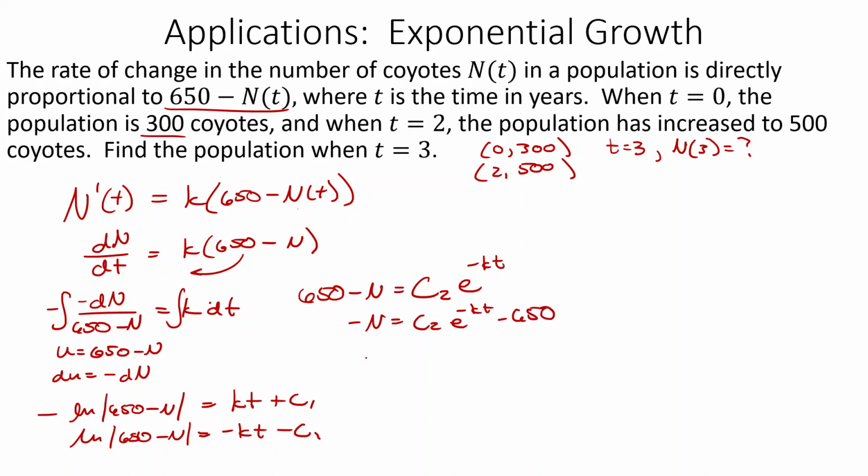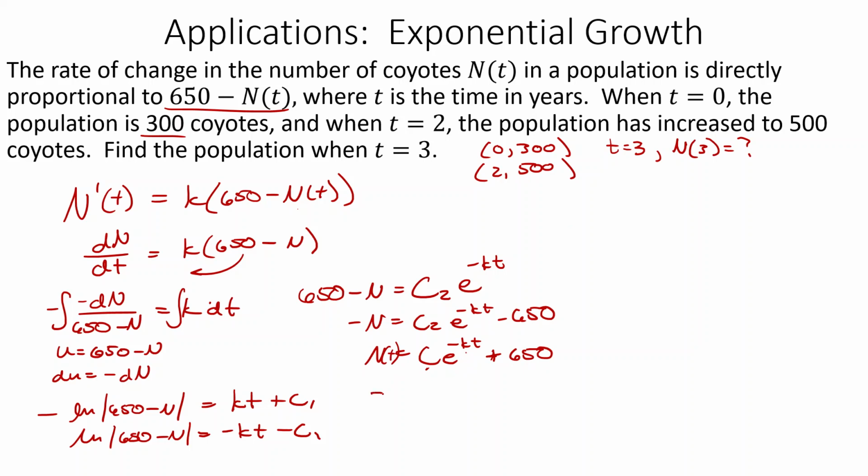And then change all the signs. We'll just call this another c, like that. All right, so now we've got n as a function of t, right there. Now we need to find, well, c and k.